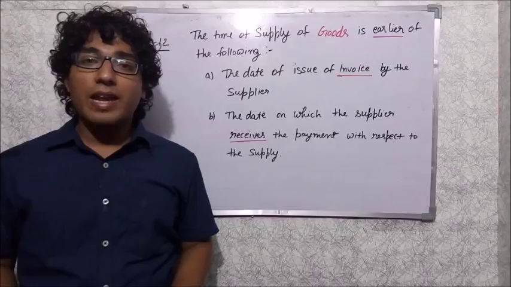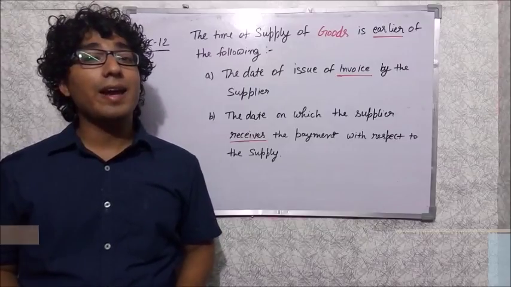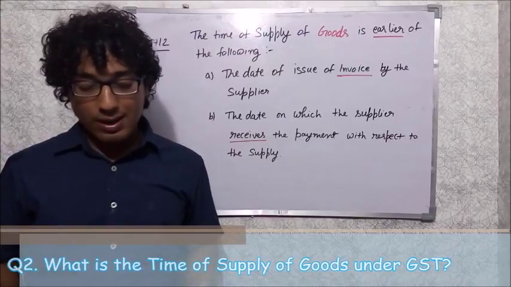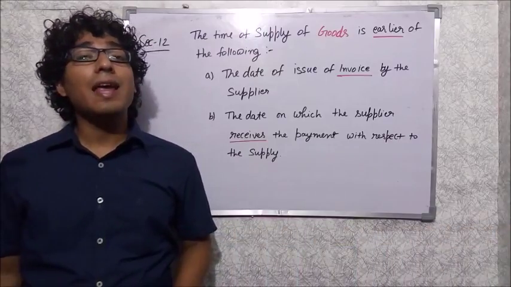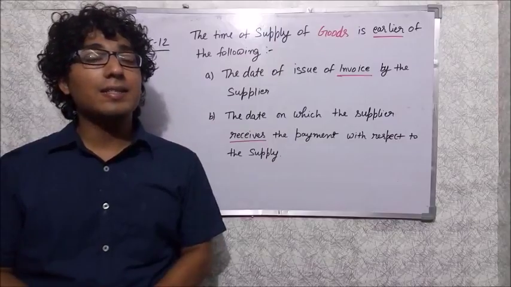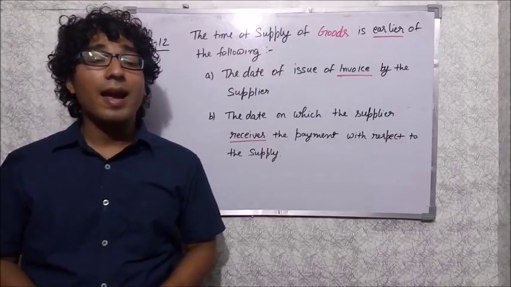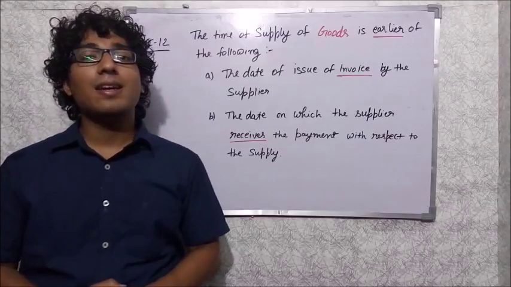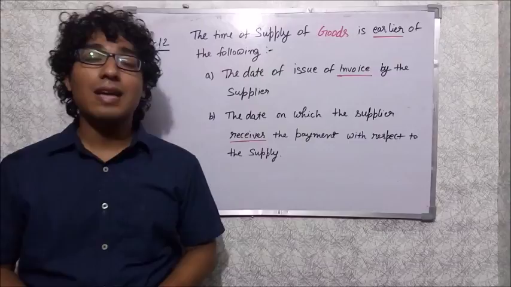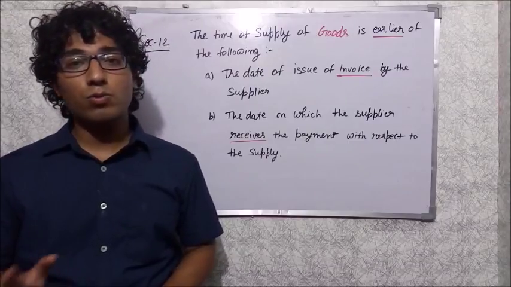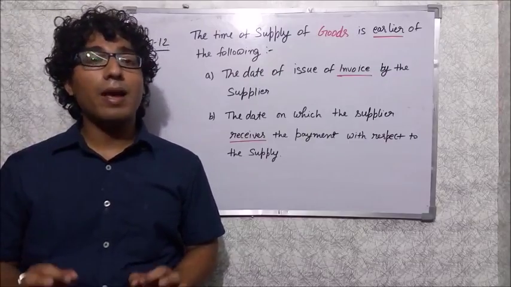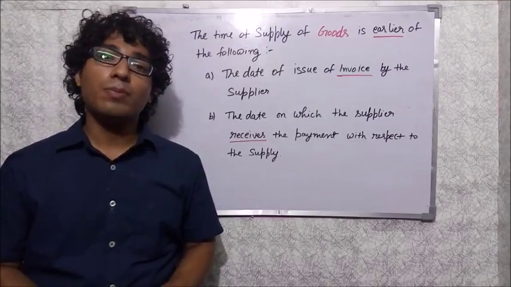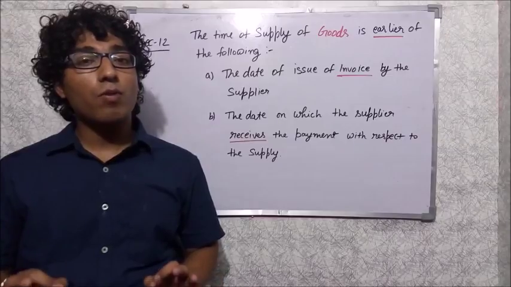The next question is very important for this video, and it says: what is the time of supply of goods under GST? The time of supply of goods under GST is given under section 12, and section 12 says that the liability to pay tax under GST in respect of the goods shall be at the time of supply of goods, and the time of supply of goods shall be the earlier of the following events.